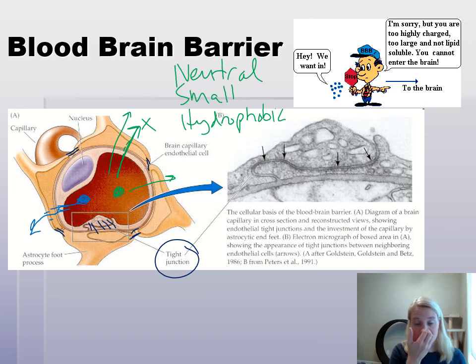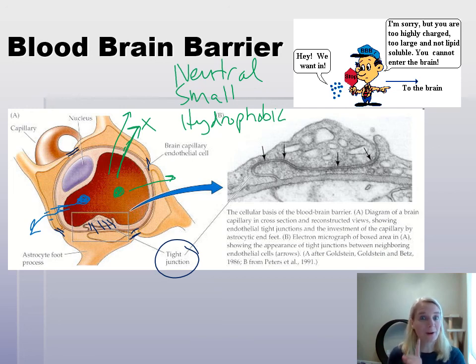The first 3 are all related to endocrine function, so that's where hormones have to come into and out of. You need to be a little bit more liberal with what can enter and leave the brain when you're dealing with hormones. And then the choroid plexus is where CSF is produced, so it's not quite as restrictive in the production of CSF as it is in, say, a capillary in your temporal lobe or something.